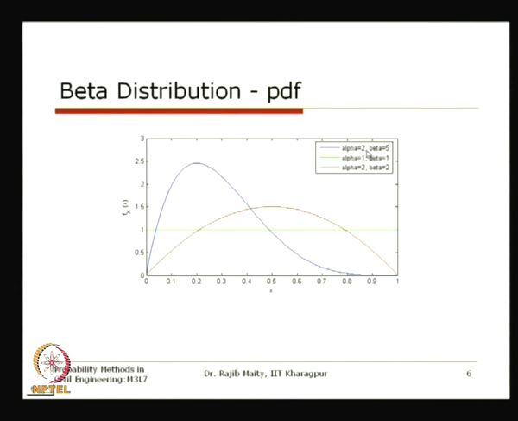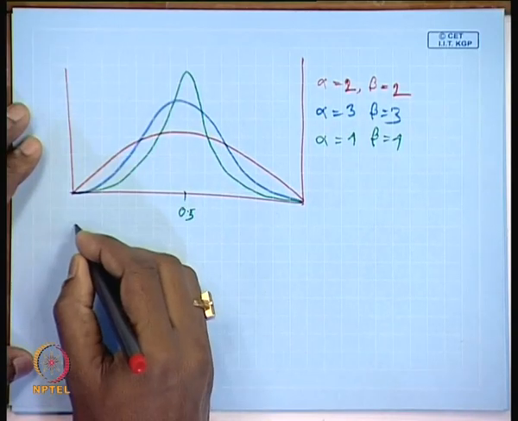In fact, for any alpha which is less than beta, the distribution will be positively skewed, and it is opposite if we change this relation: when alpha becomes greater than beta, it will become negatively skewed.